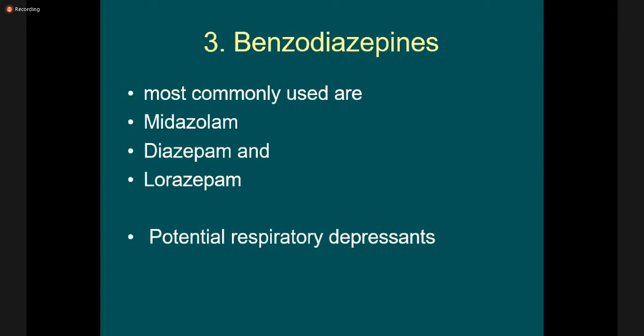They could be considered as pre-anesthetic, but the commonly used types of benzodiazepine are midazolam, diazepam, and lorazepam. There's a long list of benzodiazepines, so not all of them are used. We preferably use midazolam, diazepam, and lorazepam.